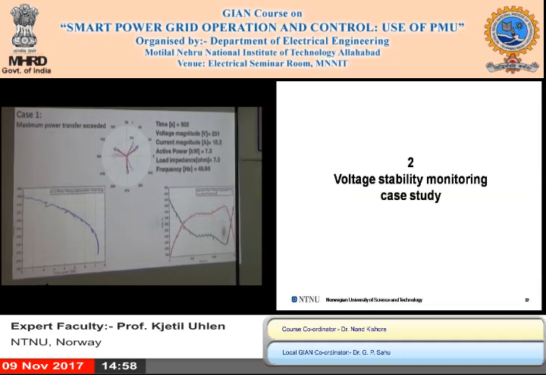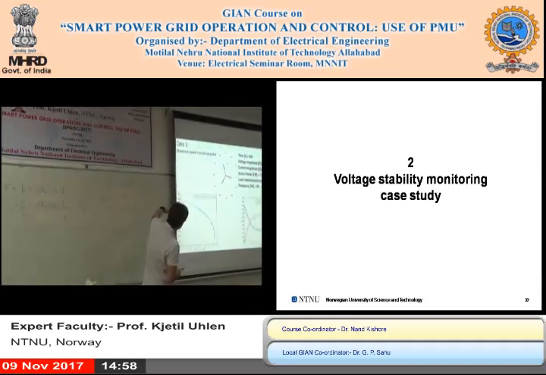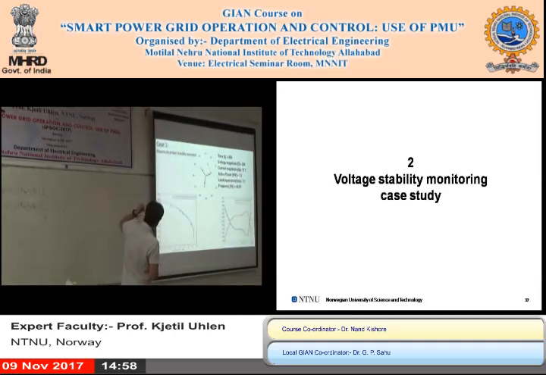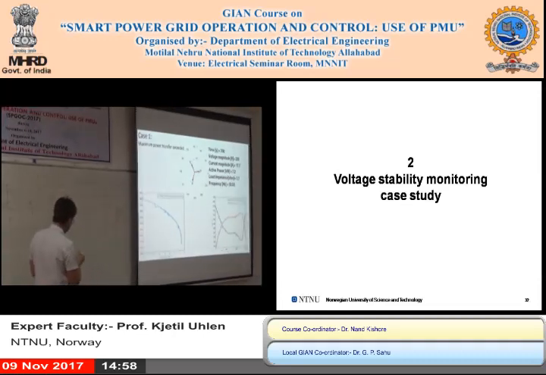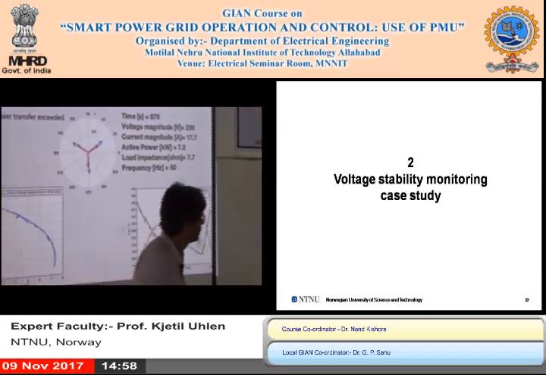And what he is showing when he is doing the simulation is the voltage as a function of active power when using the impedance. And then he is actually comparing three indicators.